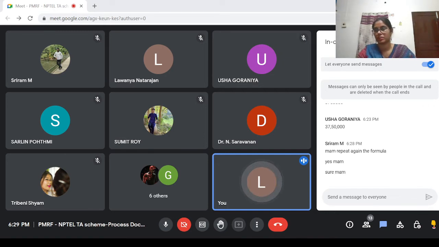So, let's look into question number 3. Streptomycin is an antibiotic. So, what type of product is it? A, B, C, or D?